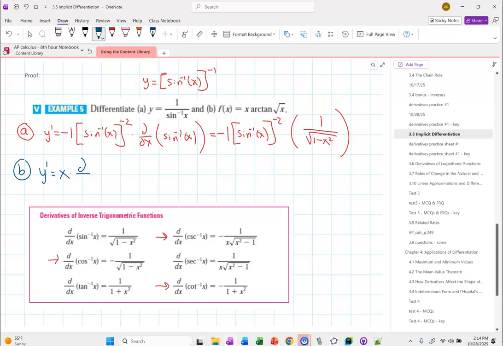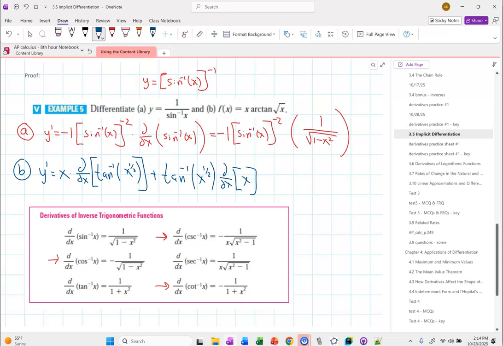So we have x times the derivative of, I'm just going to write as tan inverse, and I'm going to write square root of x as x to the 1/2. Everybody so far so good?